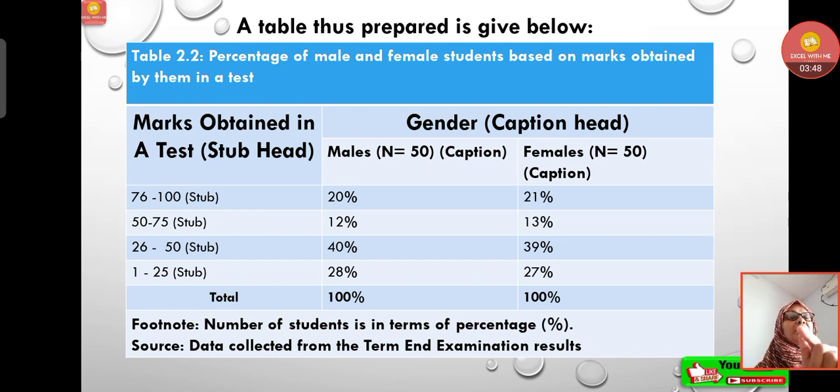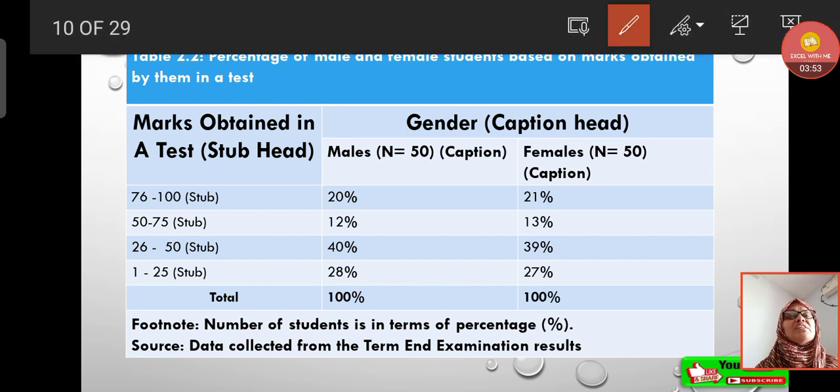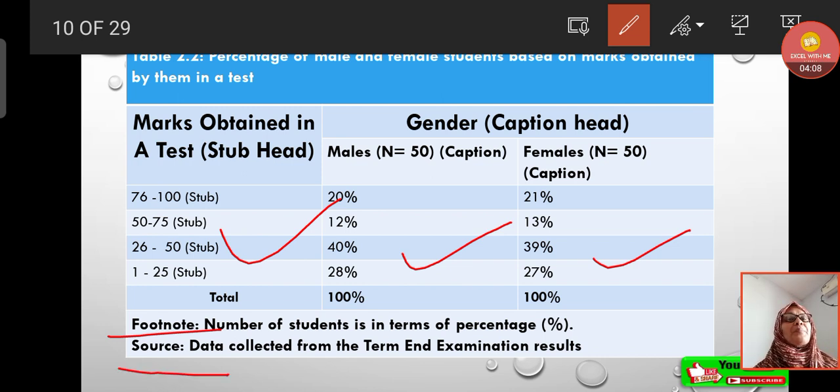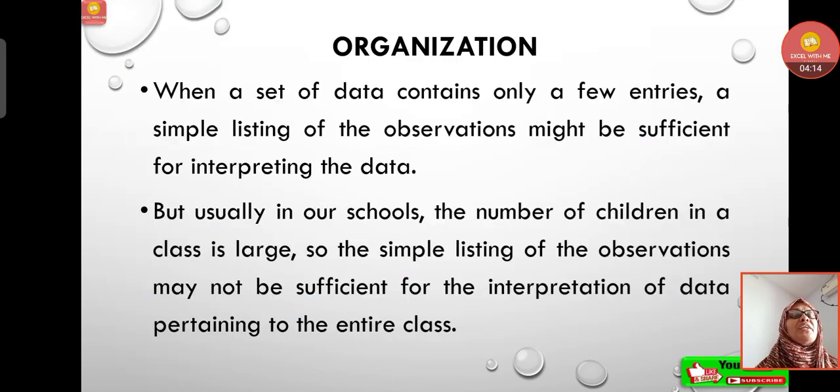The intervals and the percentages given here are the body of the table. Then comes the footnote: number of students is in terms of percentage. Then the source: the data was collected from term examination results. So this is about tabulation.